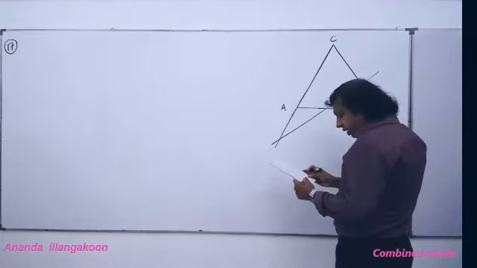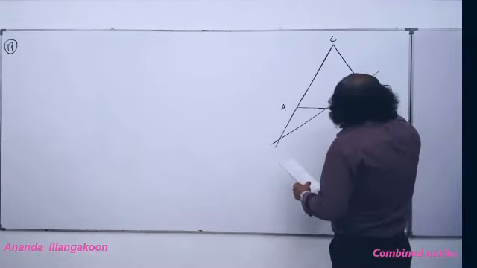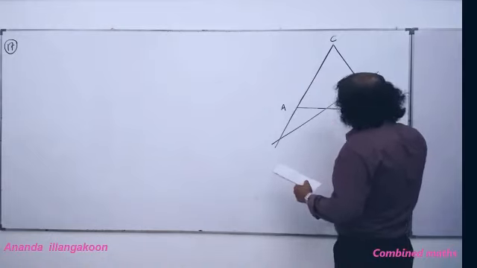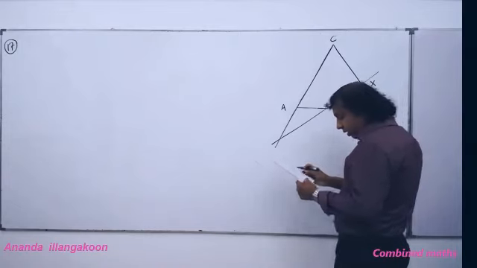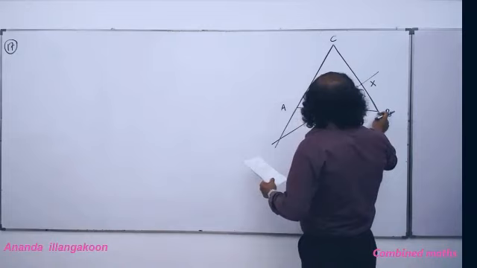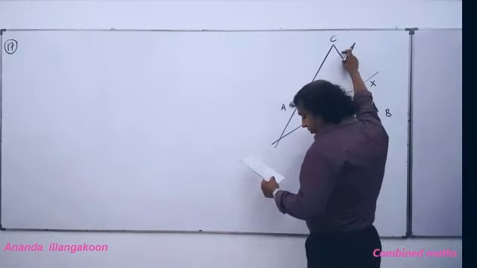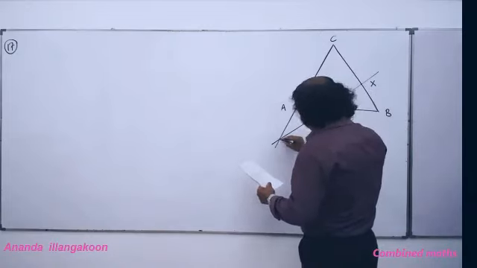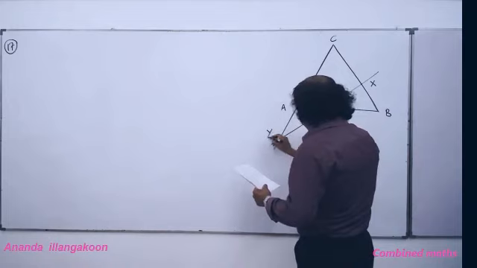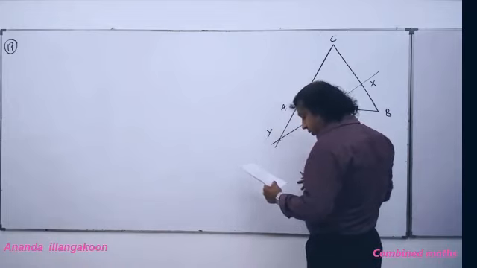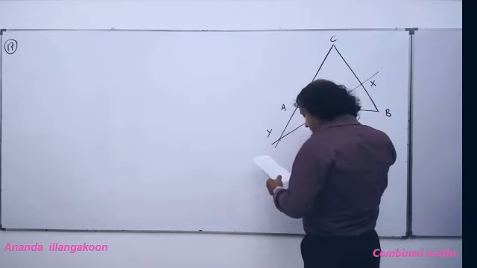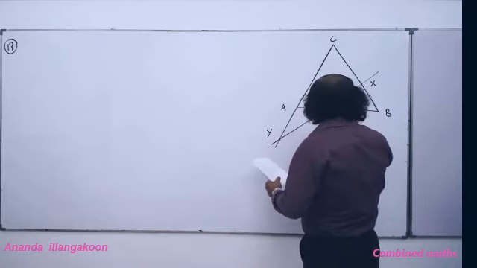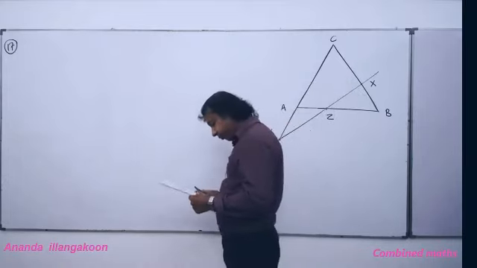Given BC is cut by this line at X, this point should be X. CA cut by the line at Y, this is Y. AB at Z. This way.